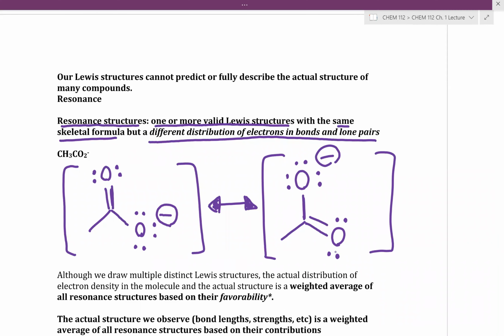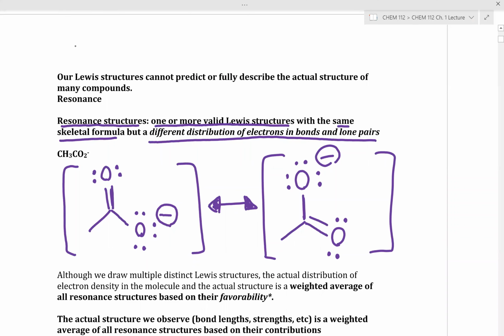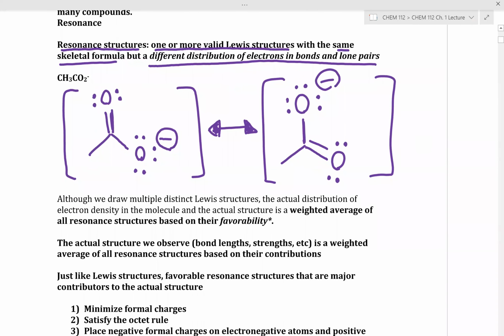Now, a critical point that we need to discuss when we talk about resonance structures is the actual distribution of electron density in the molecule, and the actual structure doesn't match any of these resonance structures. These are just our pictures to help us get a sense of where electron density can be distributed in our molecule. In reality, none of these pictures are an accurate descriptor of the actual bond length and the actual bond strength.